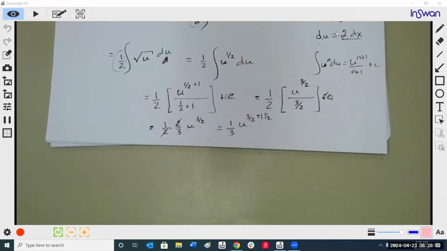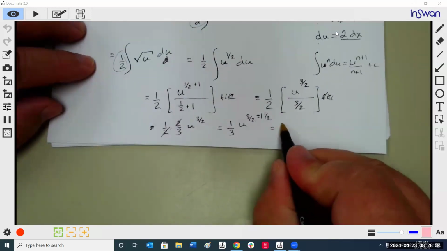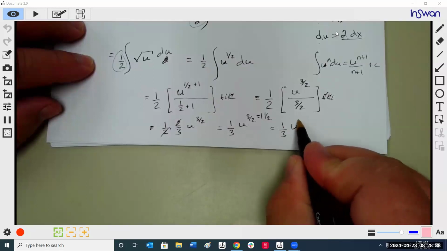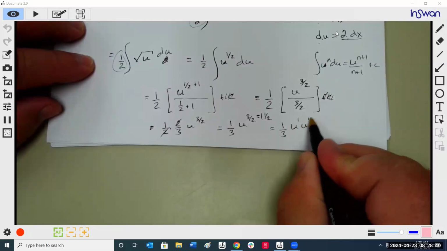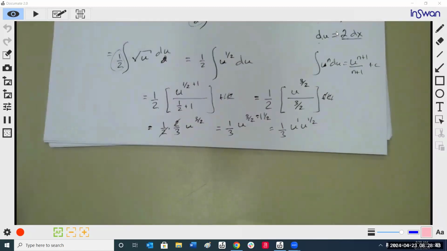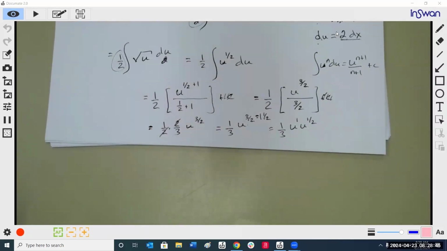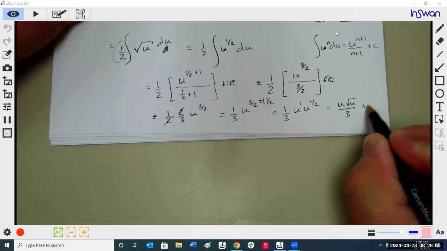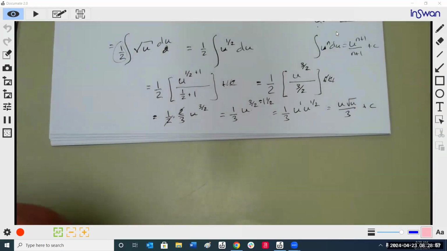So what does that mean in the whole scheme of things? It means u to the power 1, times u to the power 1/2, which is u times the square root of u over 3 plus c.